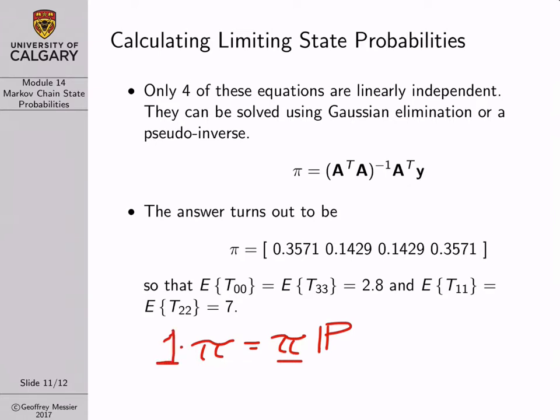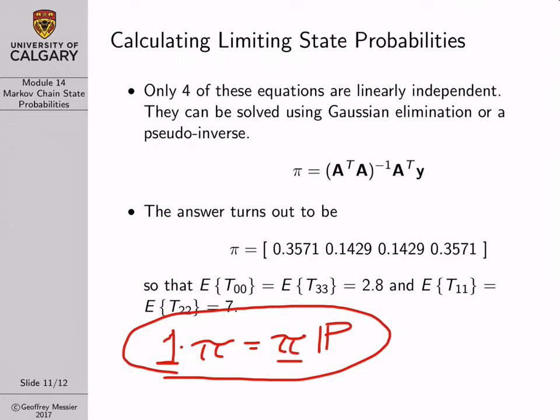Now, in order for this equation to exist, P has to have at least one eigenvalue equal to 1, obviously, for this equation to hold. But if it has more than one eigenvalue equal to 1, then this equation has multiple solutions and there's not a unique limiting state probability vector.